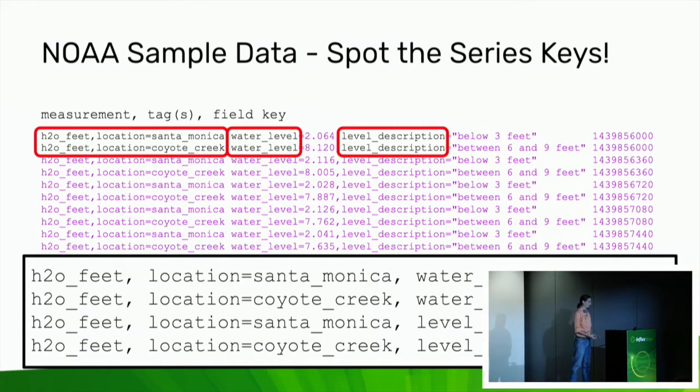And we have two fields, water level and level description. So in total, this entire data set, maybe it goes on for pages, I don't know, but this entire data set has 4 series keys. I recently learned that my manager has a PhD, so I use the word cardinality now. We have cardinality 4.